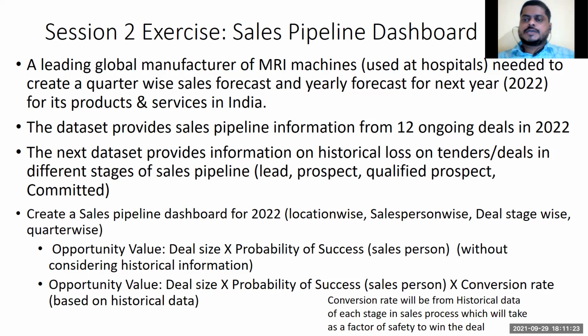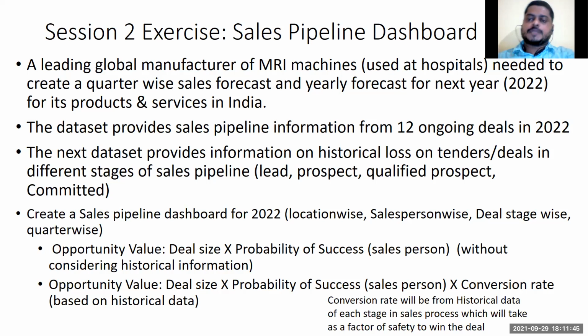So that gives you historical information. Some companies do not go by what salespeople are telling, that is, the probability of success. They only consider their historical rate of win or success. Based upon that, they want to calculate the next year's pipeline. So that is another way to go about it. Some companies become more conservative.